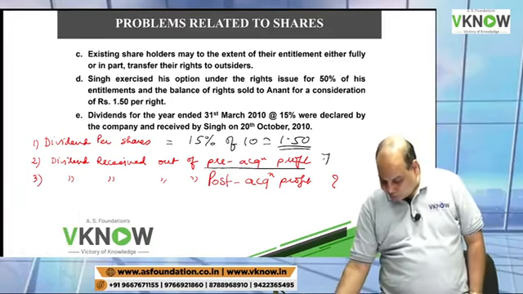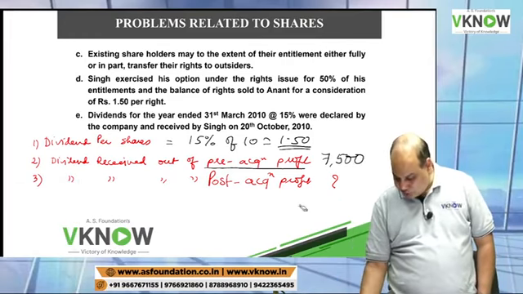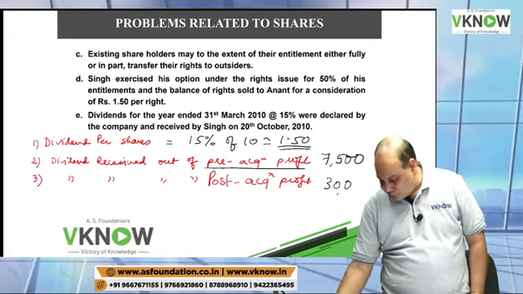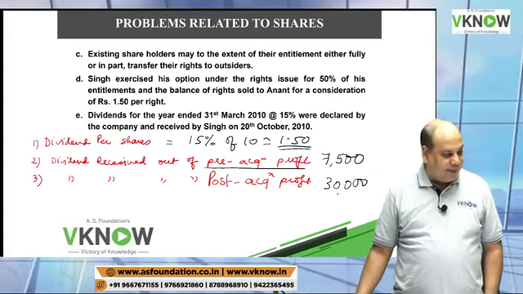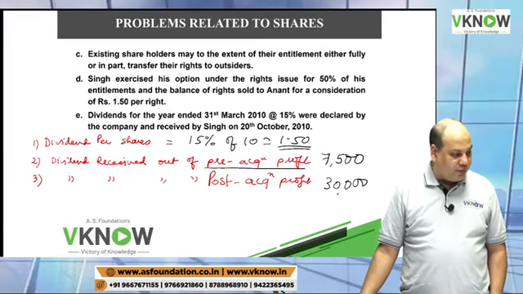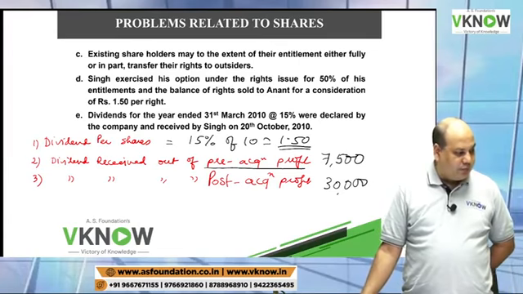Kunal is saying 7,500. And dividend out of post-acquisition, a student is saying 30,000. Okay. So most of you seem to have got it right. Dhruv Tiwari also. Falak Mehta, Pawar, you are right.